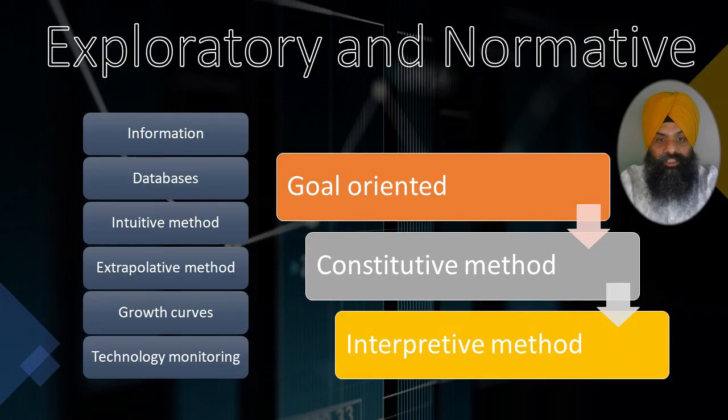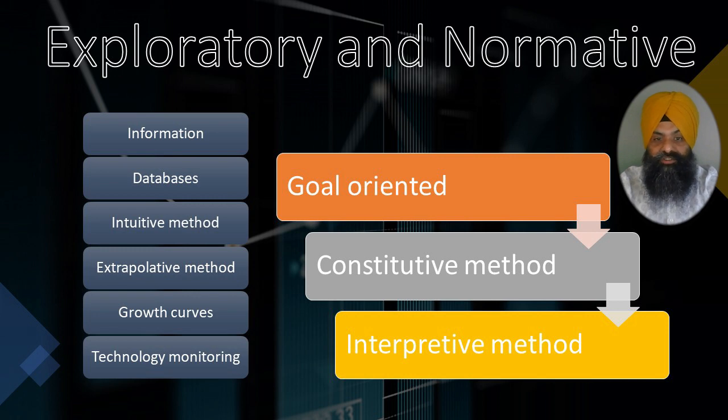Exploratory and normative forecasting techniques are used widely in organizations for technology forecasting. Exploratory technology forecasts are primarily based on extensive data and information available in the market and databases. The exploratory method quantitatively projects the future possibility of growth in the organization. It is further divided into four categories: intuitive, extrapolative, growth curves, and technology monitoring.